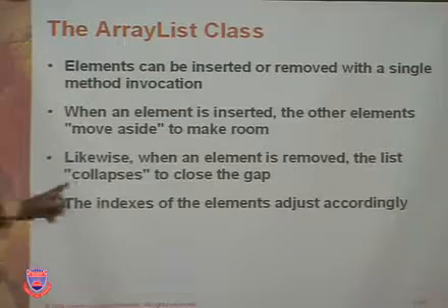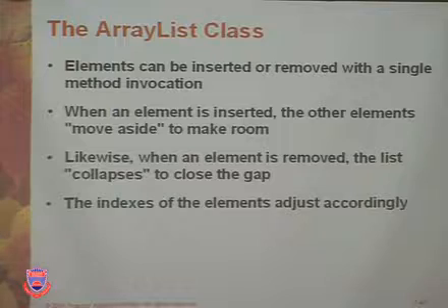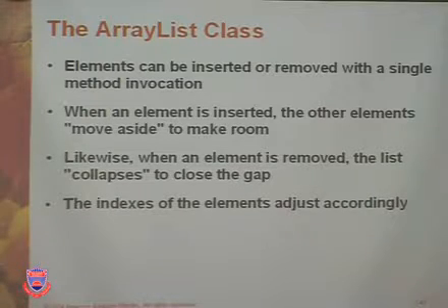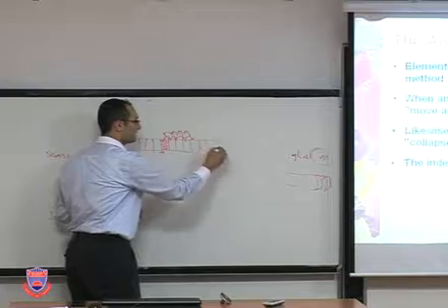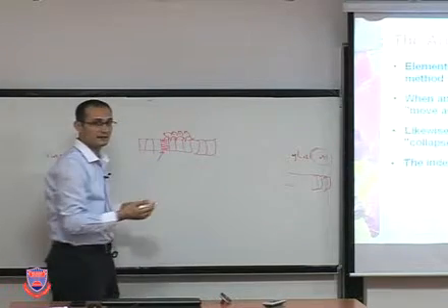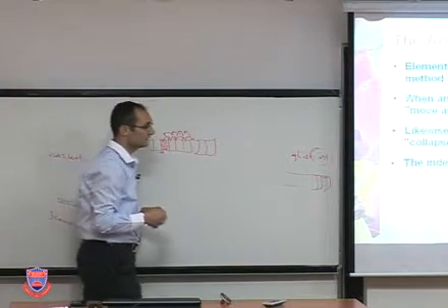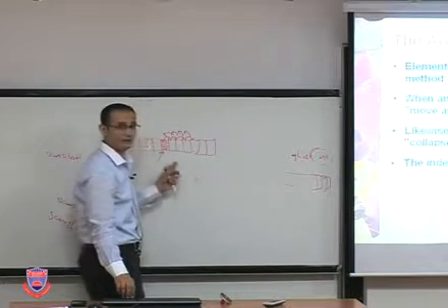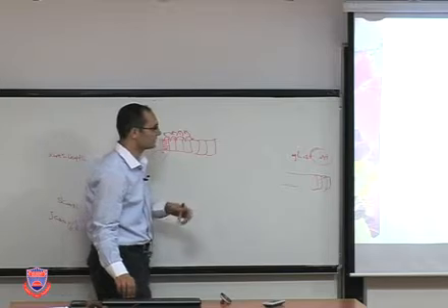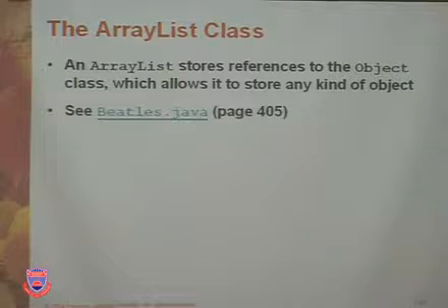So you have to collapse, and also you have to make room for the added element. So this is the overhead or extra effort that you need to pay. However, if you're adding and removing from the end, this is always easy to implement. So you basically add and remove from the end, and that will be just easy to perform. So you adjust the indexes accordingly based on the movements or additions or removals from your array list.